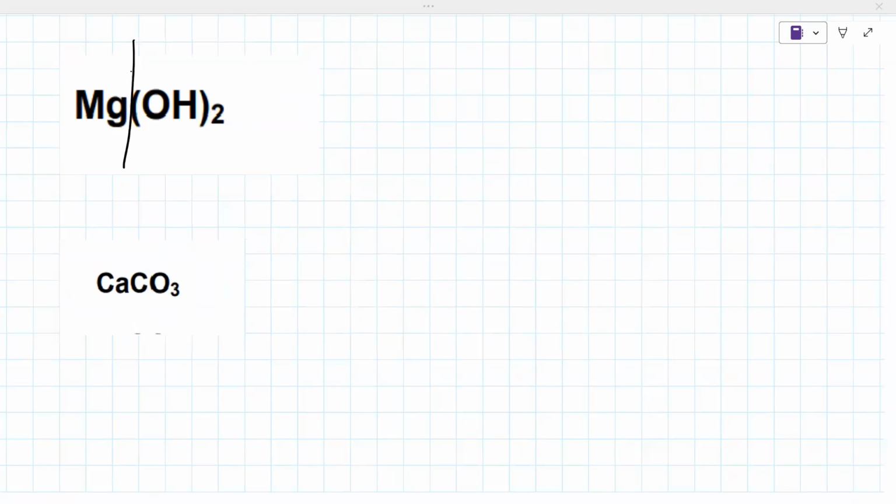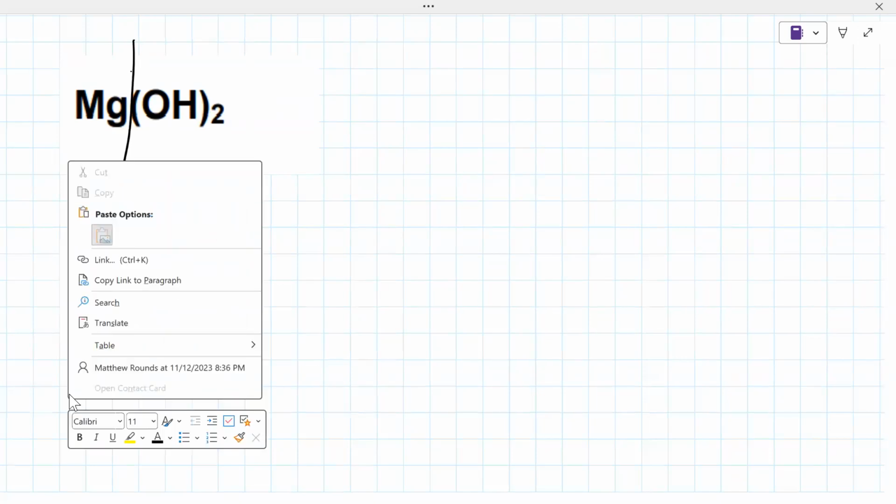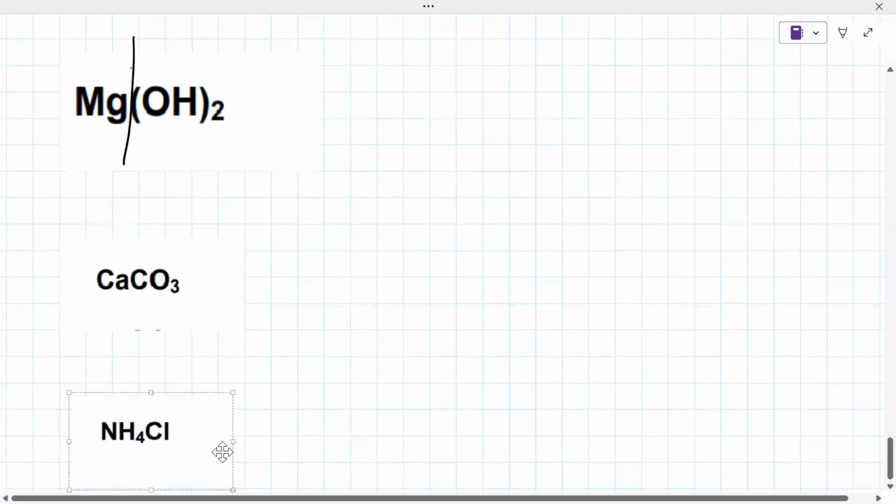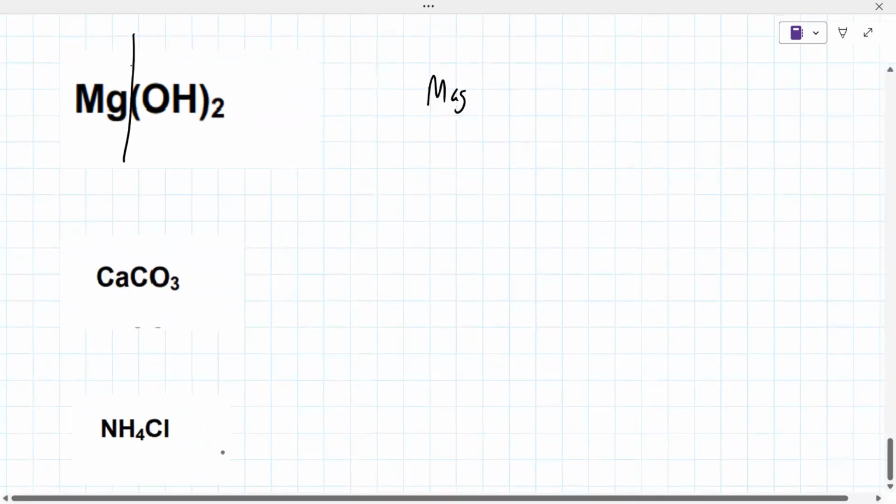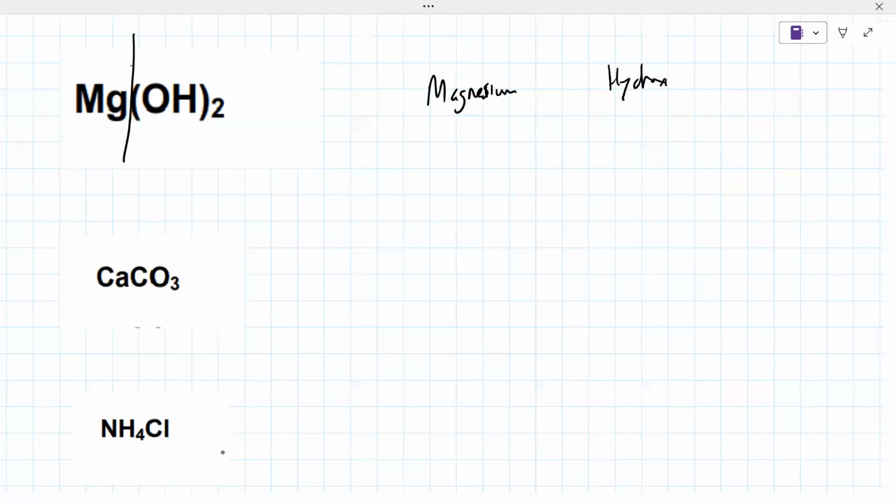Hydroxide? So the final answer is magnesium hydroxide, I think I heard. Yes. Okay, very good. All right, here's the next, calcium carbonate. Okay, good.